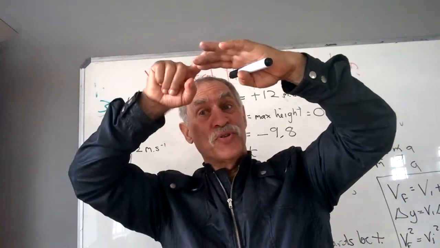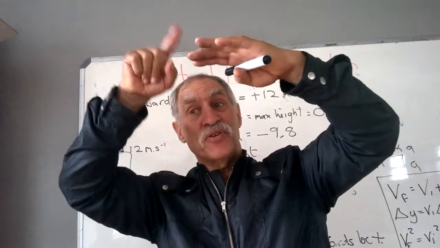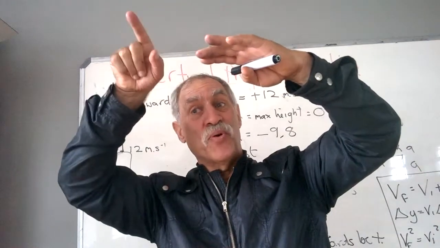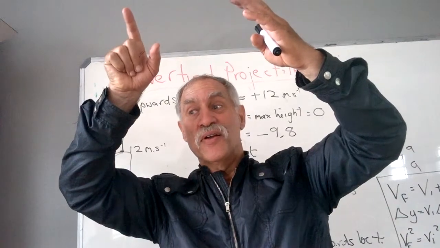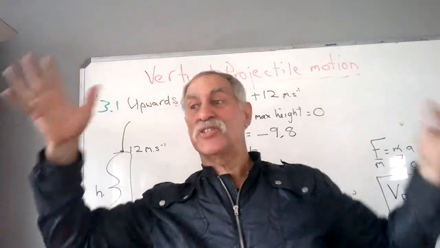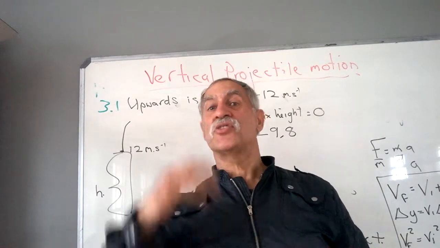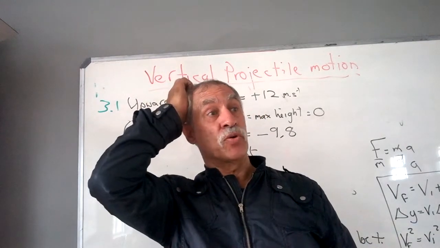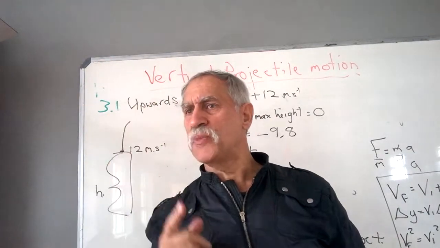If it goes up 2 and down 8, how much time do you think it spends going up some more? Less time or more time than half a second? Less than half a second. So the answer is going to be about 1.2 seconds. So I'm expecting that answer about 1.2. Make sense? I'm just working out mental arithmetic.